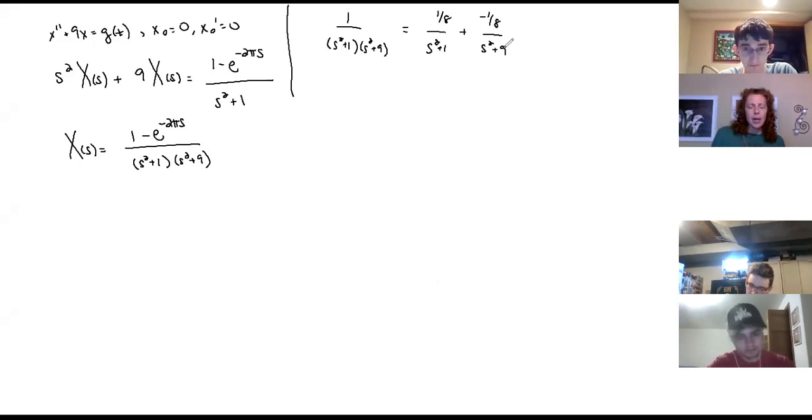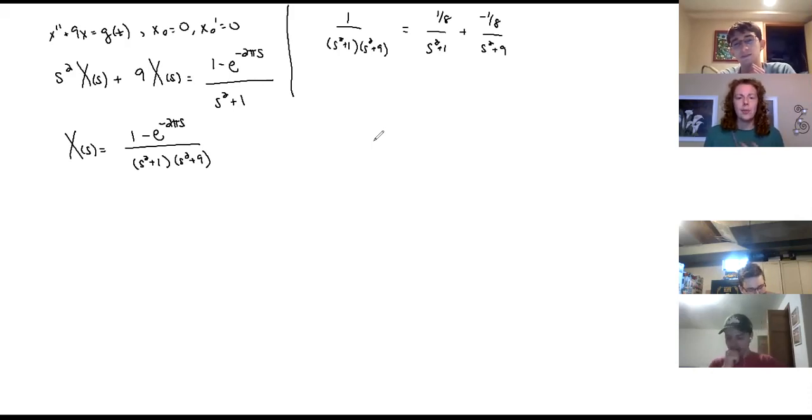If you were setting up partial fractions, you would need A, B, C, and D. It turns out that the s coefficients are both equal to 0. Partial fractions decomposition. You can write it out if you want to.